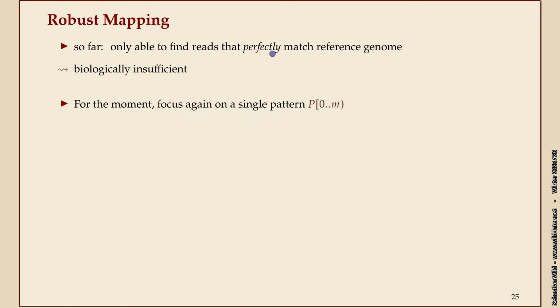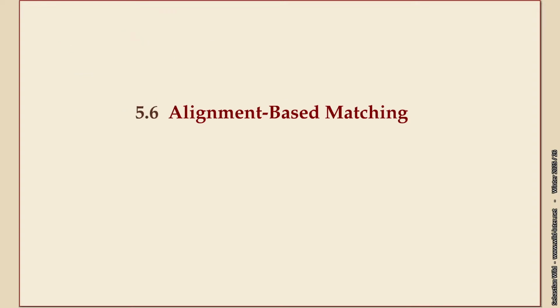I've just recapped that we had KMP, Aho-Corasick, different algorithms for finding perfectly equal matches. Again, we'll take a step back from Aho-Corasick and now focus on a single pattern first. And you'll see the problem is juicy enough even in this restricted scenario.